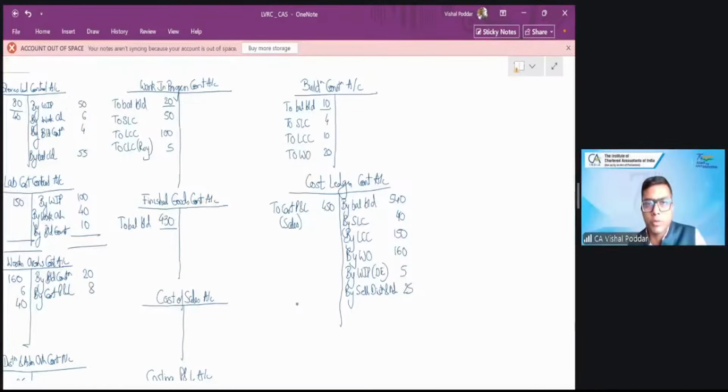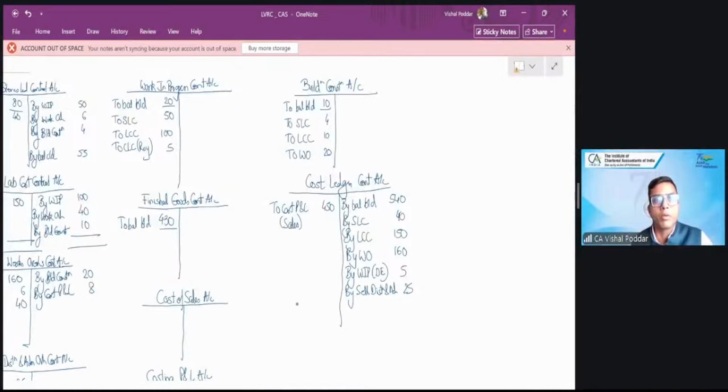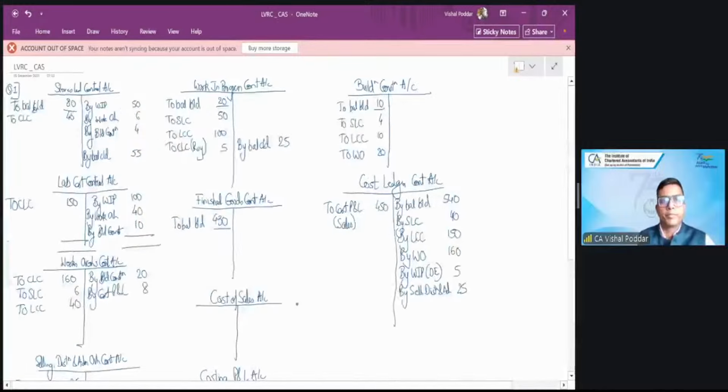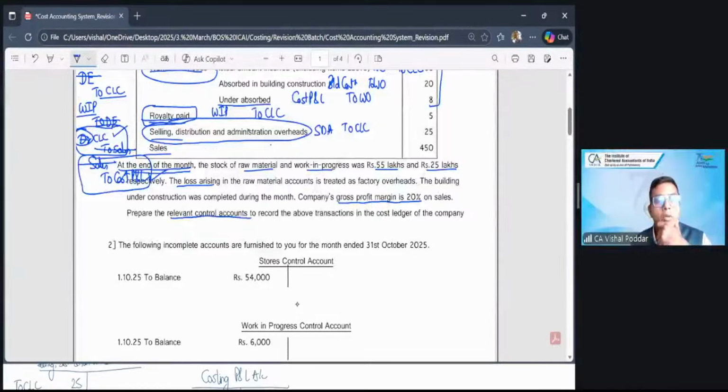The other one was which account? WIP. Correct. What else is given? Now they are saying there is some loss arising in the raw material account, which is to be treated as factory overheads.